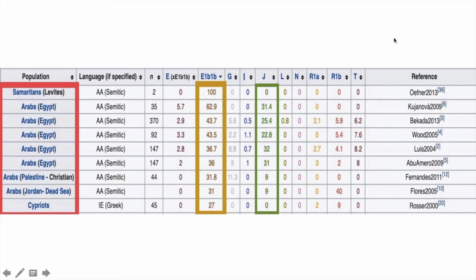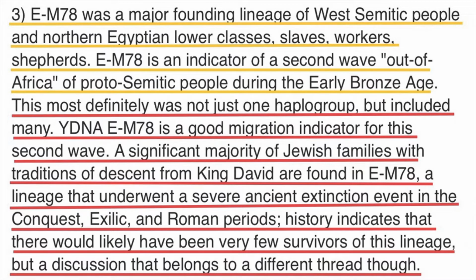And just to talk about other Semitic populations, Arabs in Egypt also have haplogroup E up to 30 to 62%. And Arabs in Palestine, like the Christian ones, have haplogroup E up to 30%, as well as Arabs in Jordan near the Dead Sea have 30%. So it's very interesting.